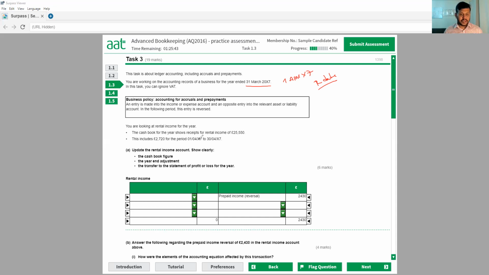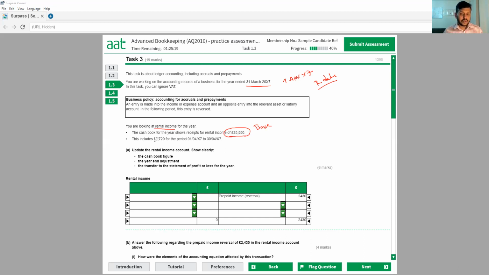All right, so let's have a look. The information we have is that you are looking at the rental income. Rental income is a credit, income for the year. The cash book for the year shows receipts for the rental income of 25,550. So the bank is saying we have received 25,550.